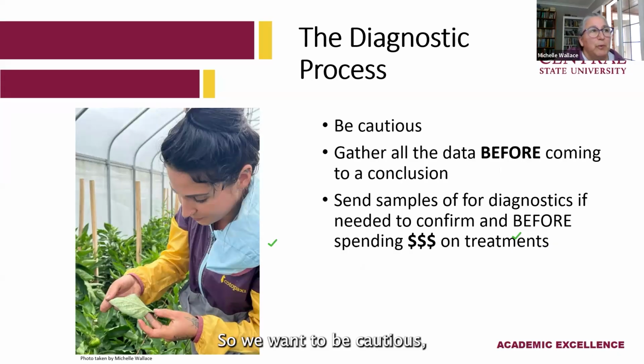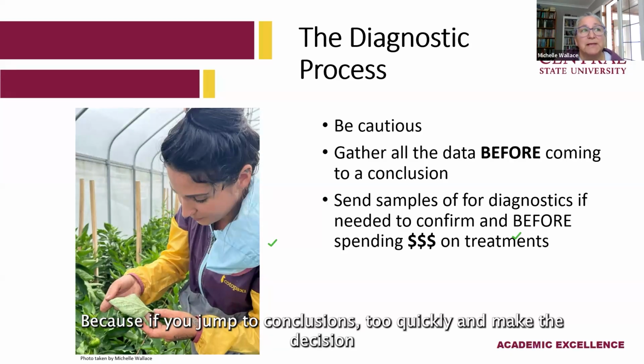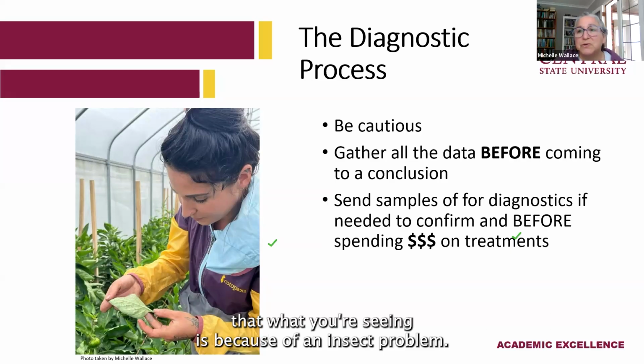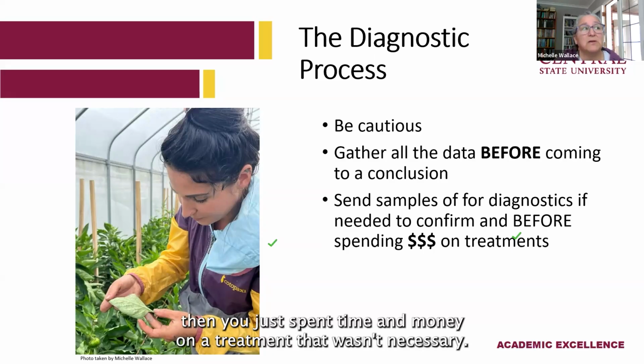So we want to be cautious, especially if you have a farm and you're seeing this at your farm, because if you jump to conclusions too quickly and decide that what you're seeing is because of an insect problem, and then you go and spray for that insect, or if you think it's a disease problem, and it turns out not to be, then you just spent time and money on a treatment that wasn't necessary.